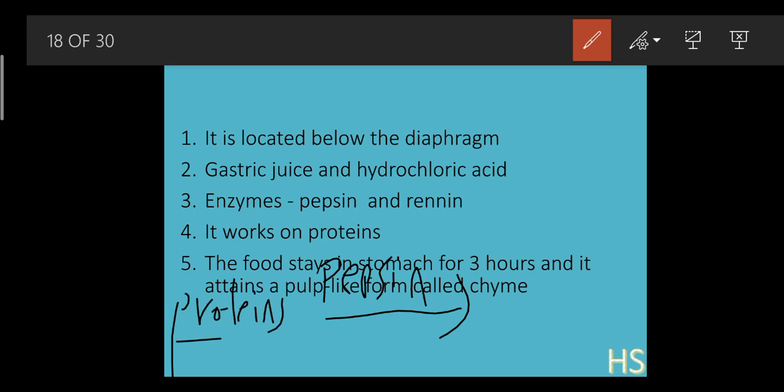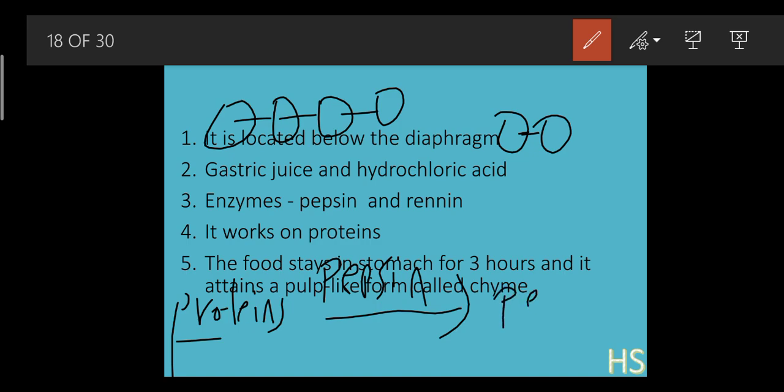Suppose this is the structure of the protein, which is very complex. This complex structure is going to get broken and converted into a simpler form, which is easily digestible, called peptides. So the complex proteins got broken down into smaller forms called peptides, with the help of the enzyme called pepsin.